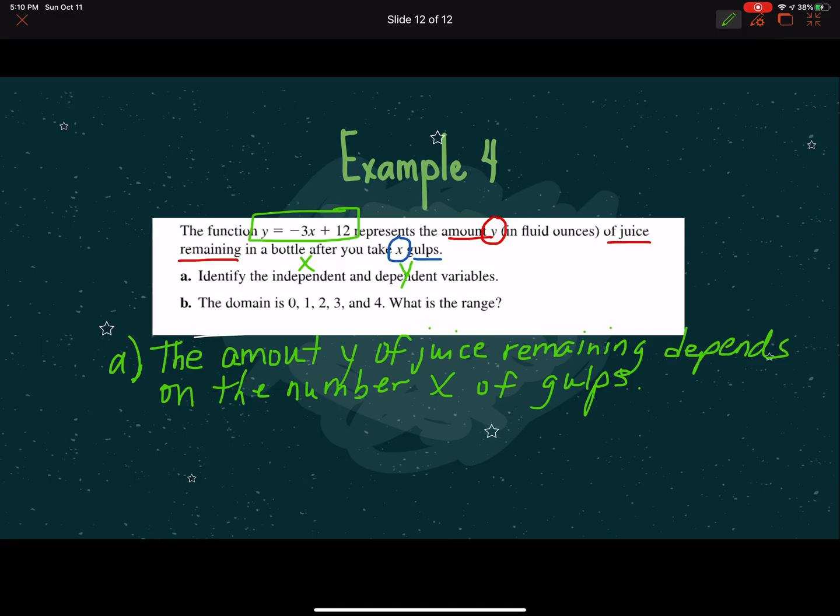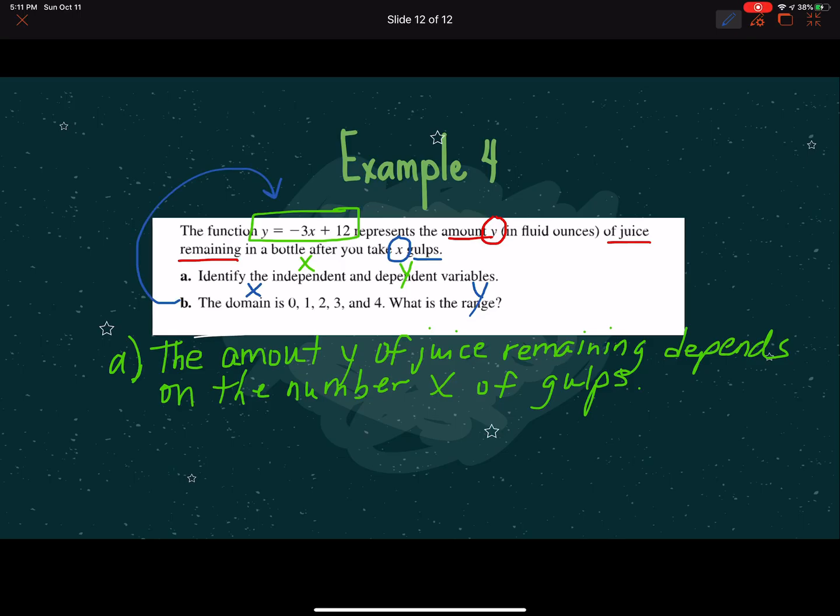Okay, let's look at example B. The domain is 0, 1, 2, 3, and 4. What is the range? So if our x values are 0, 1, 2, 3, and 4, what are our y values? Now we have the equation that we can use to solve that.